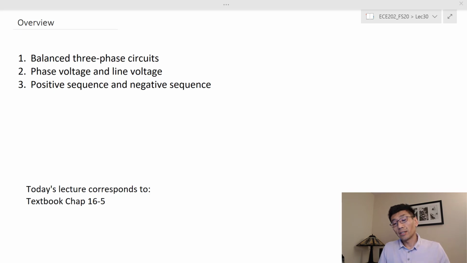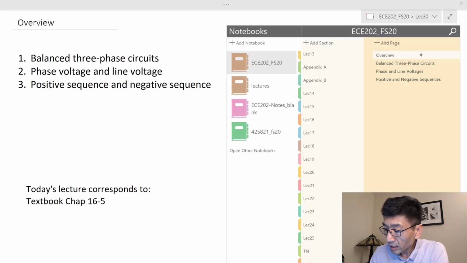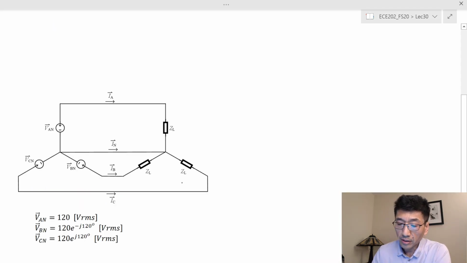And then the last topic would be on the positive sequence and negative sequence. And these are all basically the concepts that are specific to the three-phase systems. Let's get started with the three-phase balanced system.